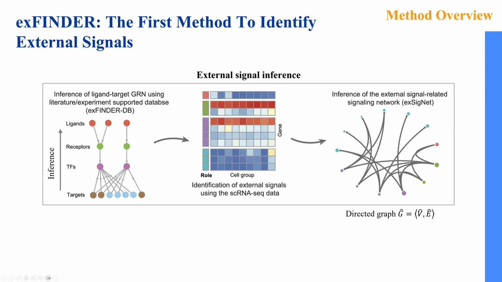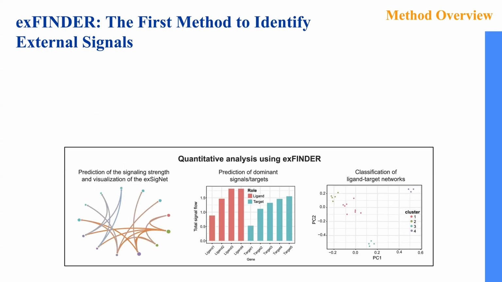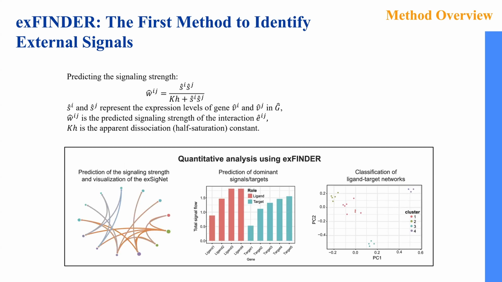Using this, we can construct this directed graph. Each arrow shows a signaling direction, representing that these two genes are interacting with each other, and the size of the dot represents the average expression level of this gene in this cell type. Based on this graph, we can predict the signaling strength.